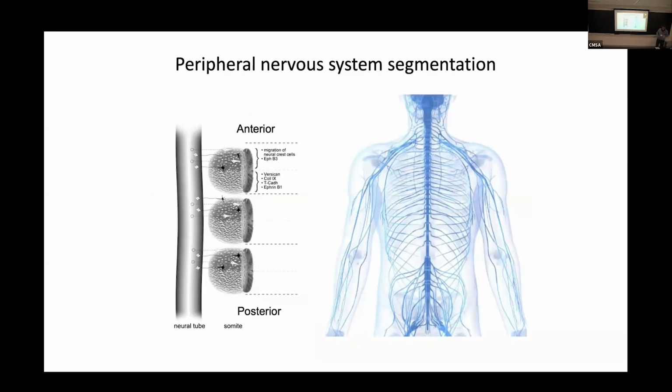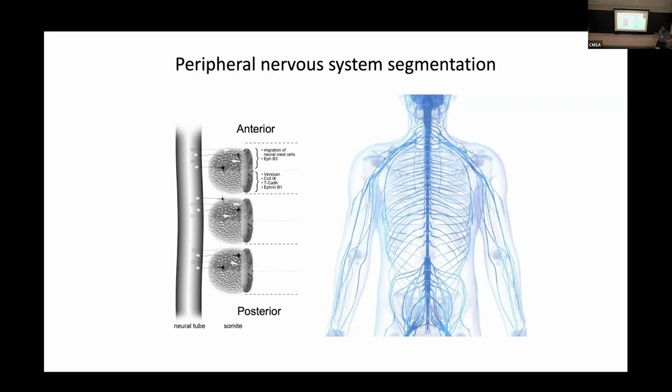So the primary segmentation of the body derives from the somites, but it also impacts the segmentation of other structures like the peripheral nervous system. Here you can see a drawing representing all the peripheral nerves. You see that they are clearly segmented. There's one pair per vertebral level.